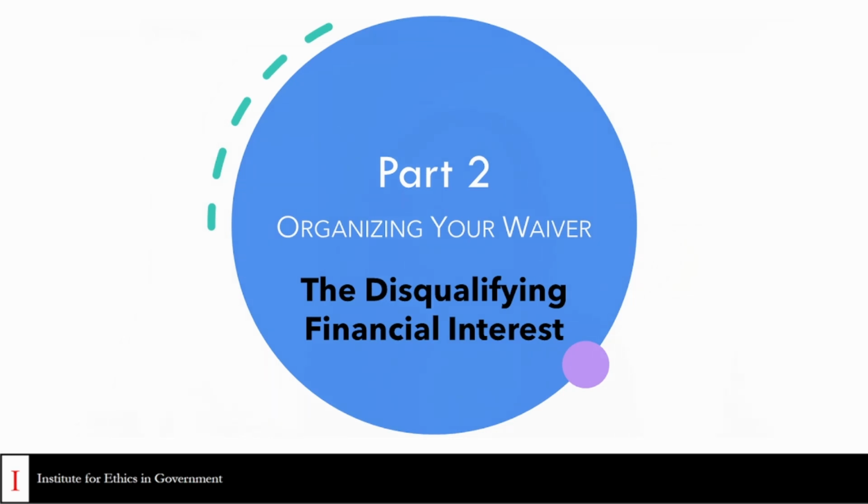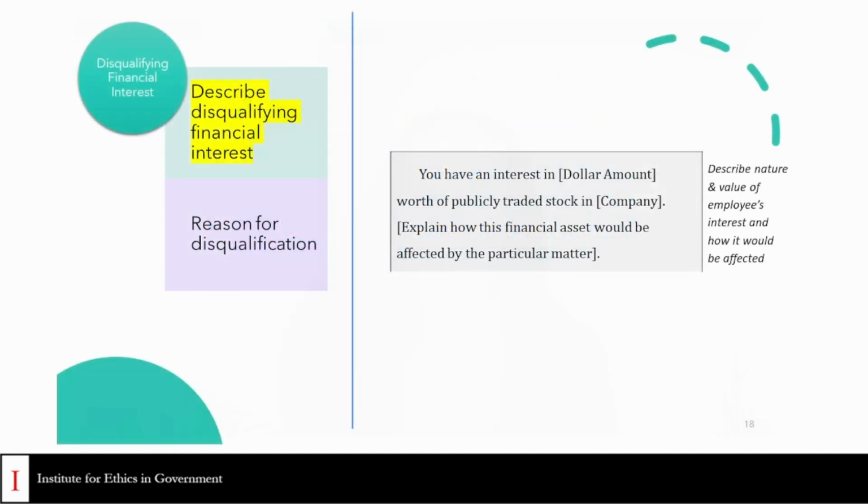Welcome to part 2 of our training module on drafting and organizing your B1 waiver. We are going to continue our training with the discussion of the disqualifying financial interest. As you are aware, an employee has a disqualifying financial interest if the particular matter they want to participate in would lead to a potential monetary gain or loss to the employee or another person specified in 18 U.S.C. 208(a).